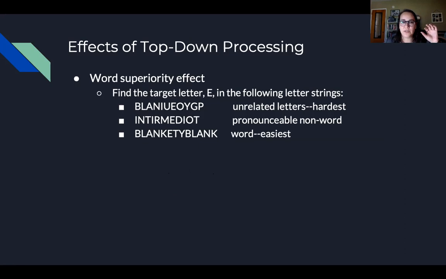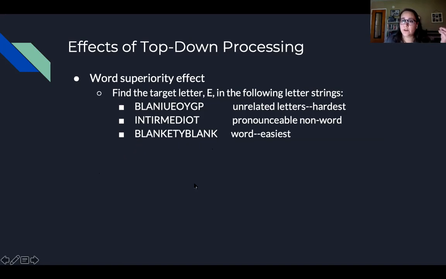And so the word is, like in its name, what's superior. That's going to be driving us, because our experience with that word means that our brain has this predictableness to it. Even if you've never seen the word blankety blank before, you've seen blanket, right? Your mind is familiar with that.